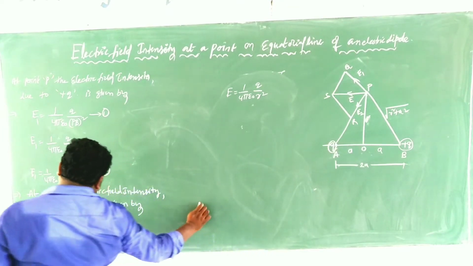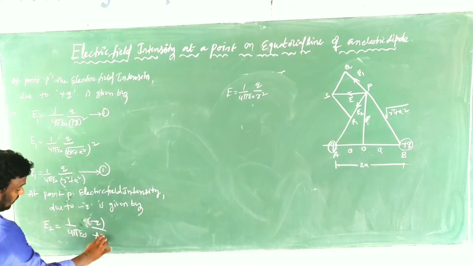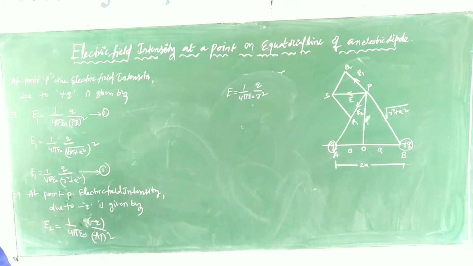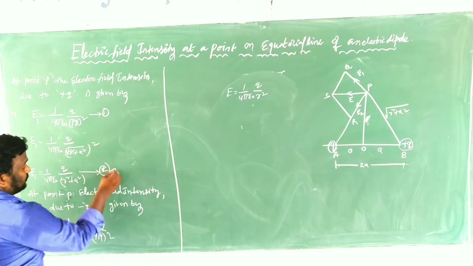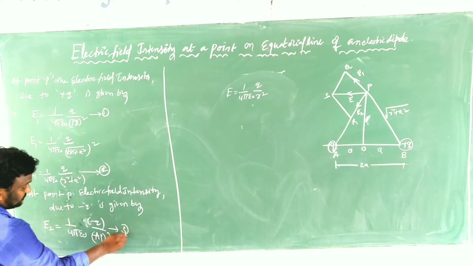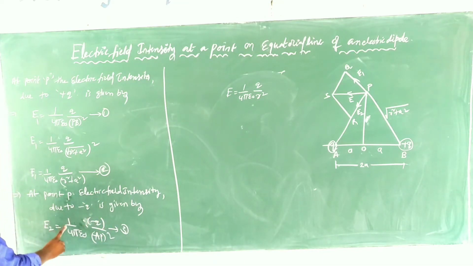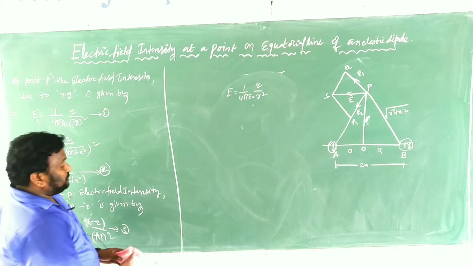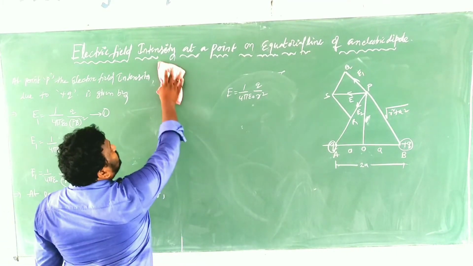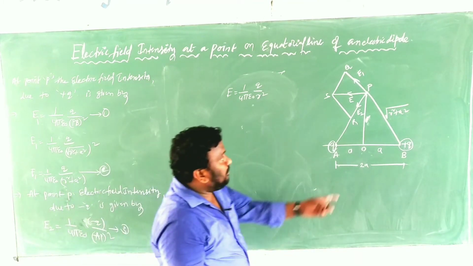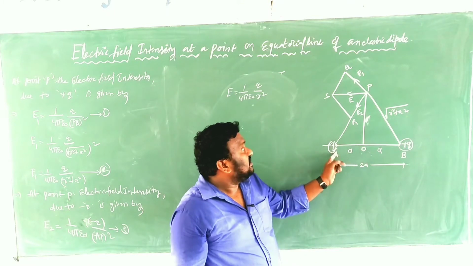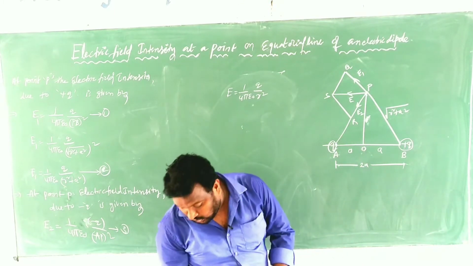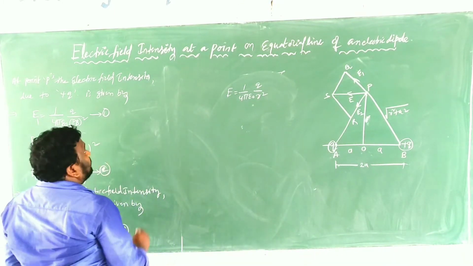AP. So that is AP square. So here equation number 3, this is E2 is equal to 1 by 4 pi epsilon naught minus q by AP square as usual. So there what do you write? PB means under root of r square plus a square. In the same manner, PA also is the same thing, under root of r square plus a square.